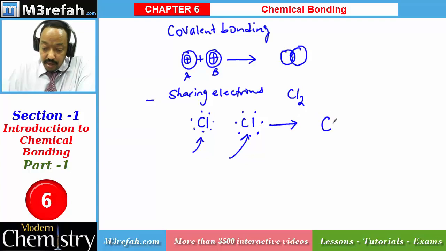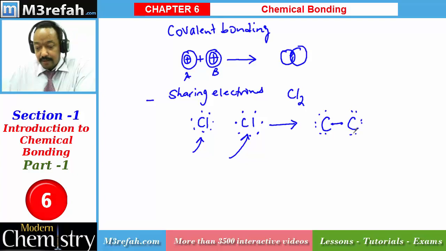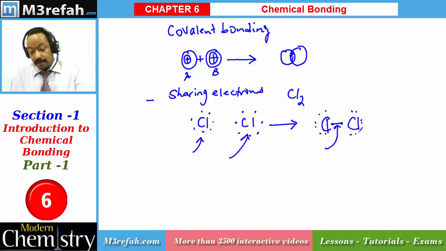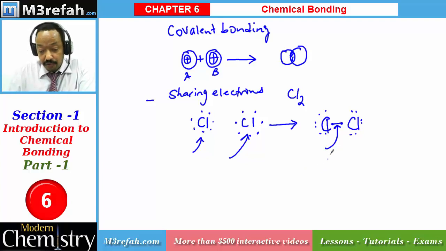Of the 7 electrons, each chlorine keeps 6, 1, 2, 3, 4, 5, 6, and contributes one. What is observed here? One electron is contributed from one chlorine, and the other electron from the other chlorine. Both contribute for the purpose of sharing. So they both end up with 8 electrons, so that they become very stable.